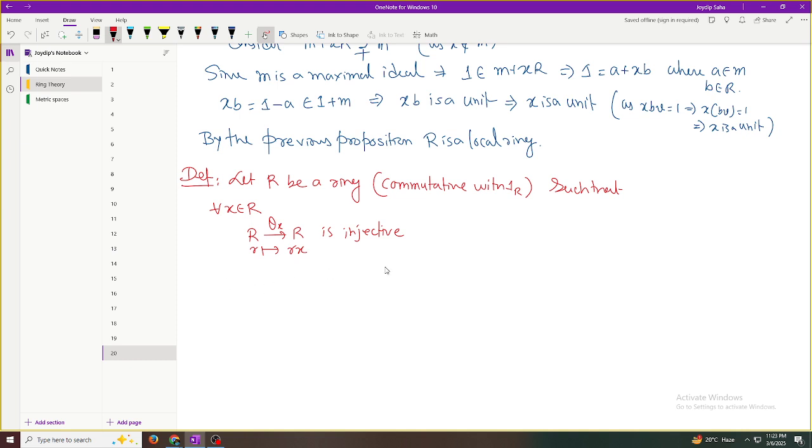Or you can say that zero ideal is prime ideal. Then R is called an integral domain.